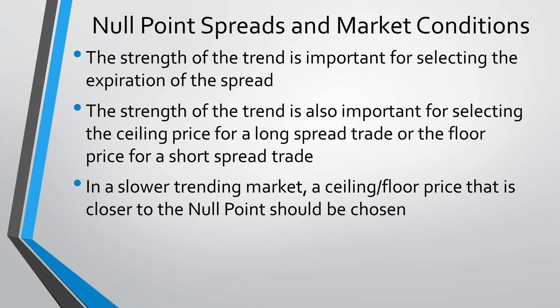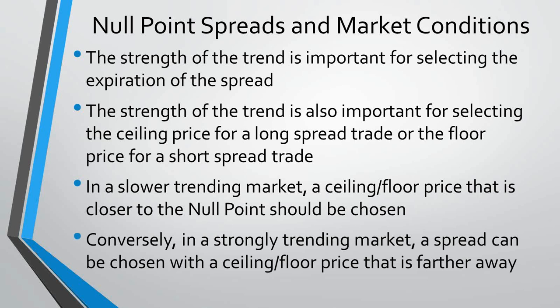I want to trade something that fits within the volatility parameters. In a slower trending market, I'm going to choose something closer. I want it to trend towards that ceiling price. For a short, I want it to trend towards that floor price. So in slower conditions, I'm going to choose a floor price that's closer to the null point.